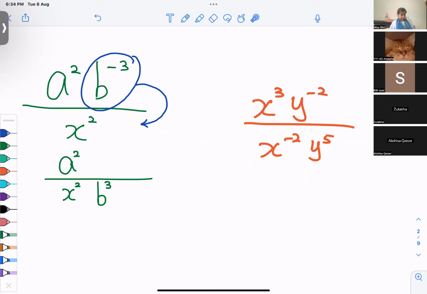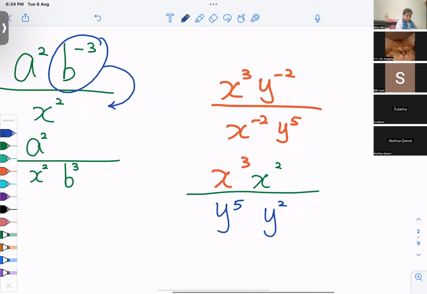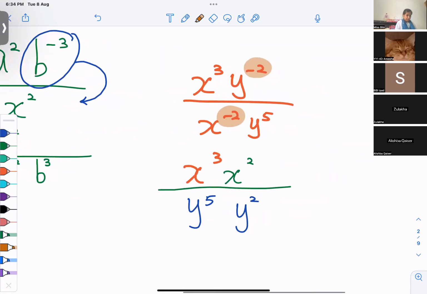X cube and then x squared without the negative sign. Shift it upwards. And then y to the power of 5 and y squared without the negative. Yes, good. Because these are having negative, so you have to switch. This is also having negative, then you have to switch.